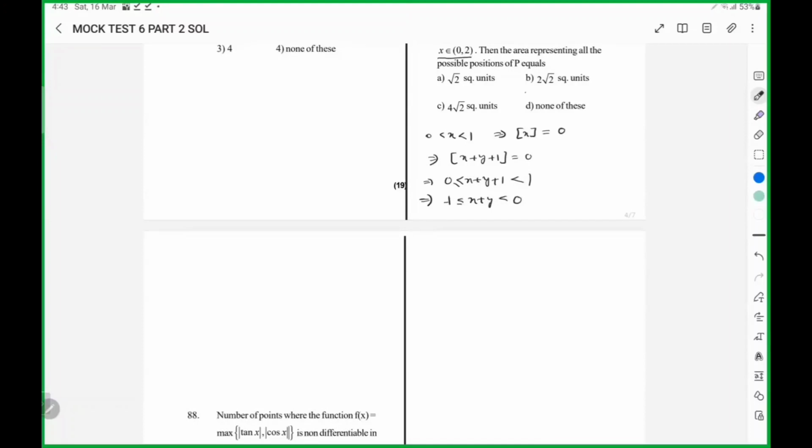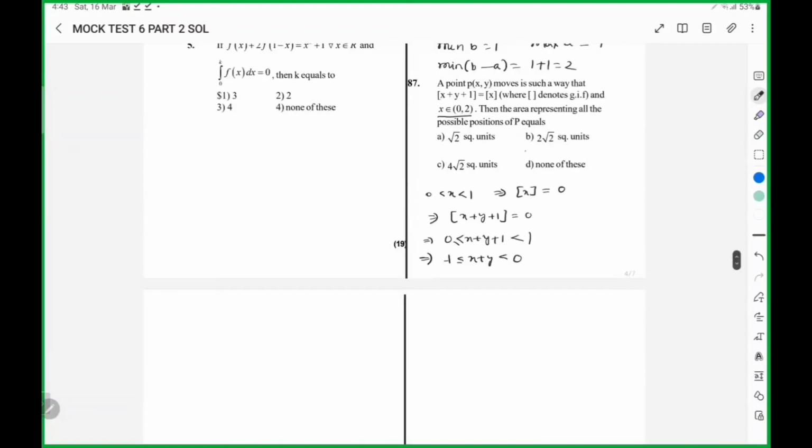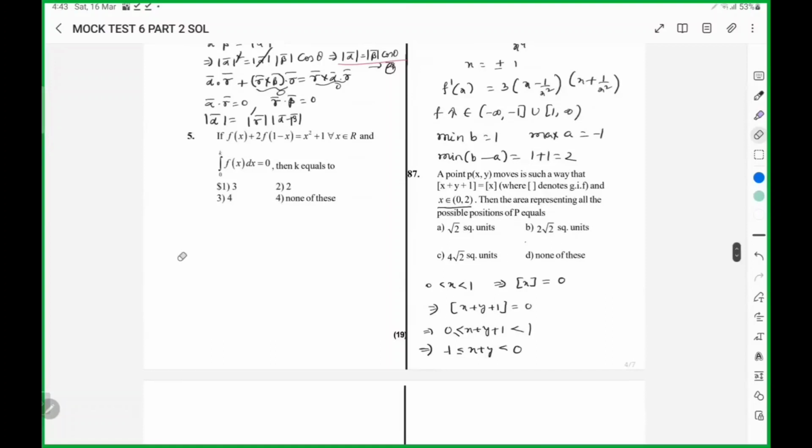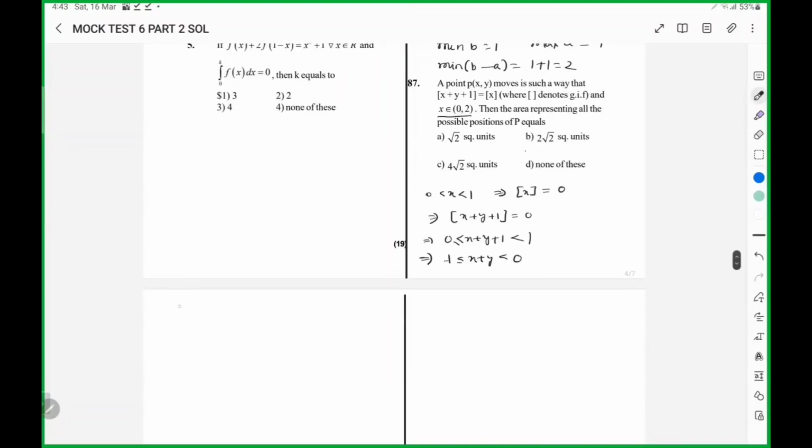So here another possibility is when x lies between 1 and 2, step of x becomes 1, step of x plus y plus 1 is 1, which implies x plus y plus 1 lies between 1 and 2, or x plus y lies between 0 and 1.